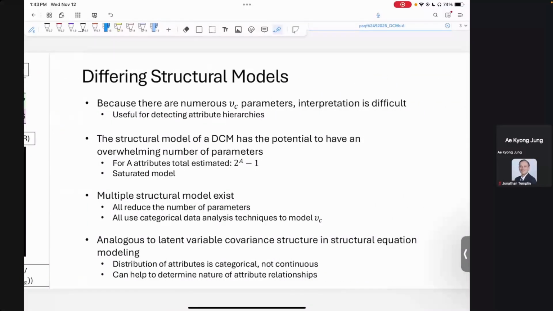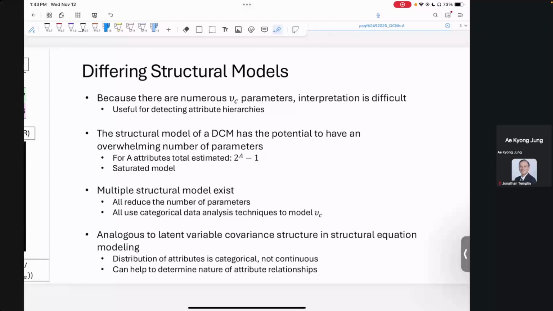Because there are numerous epsilon parameters, we have 16 parameters, actually 16 minus 1, 15 parameters to estimate. So it's a lot. And it is the same as the saturated model. So we want to reduce the number of parameters by using categorical data analysis techniques, because we're assuming the attributes are binary.